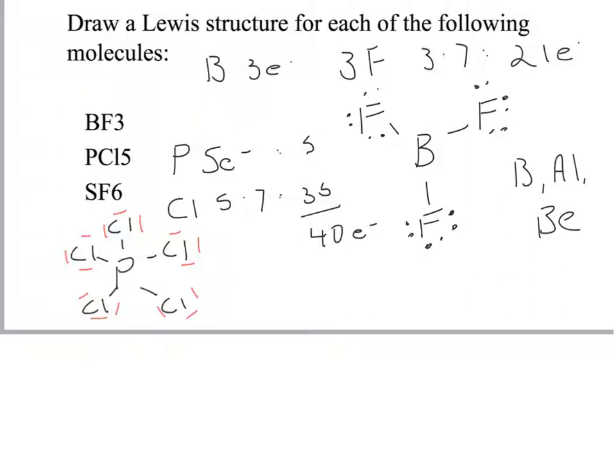There's going to be a sulfur, and we're going to have 6 fluorines around, and each of those fluorines is going to get 3 more pairs of electrons. So using the same notation that I used before, I can put the rest of those electrons around the fluorine like so, and that will give us all of our electrons.